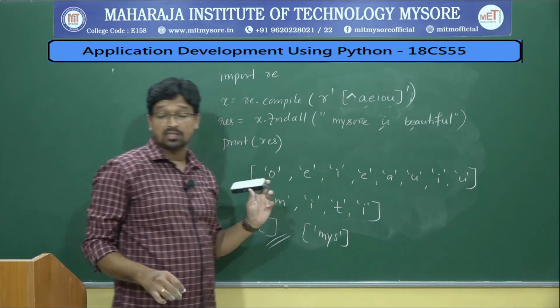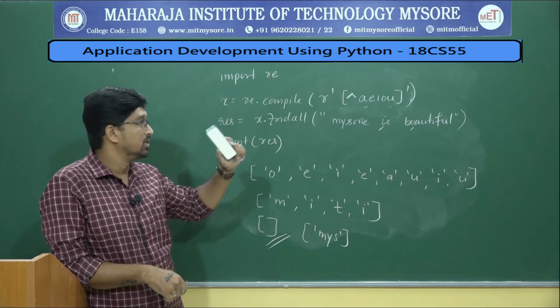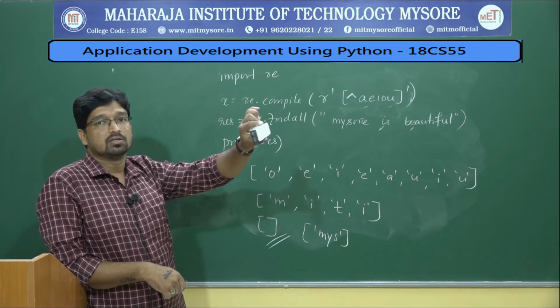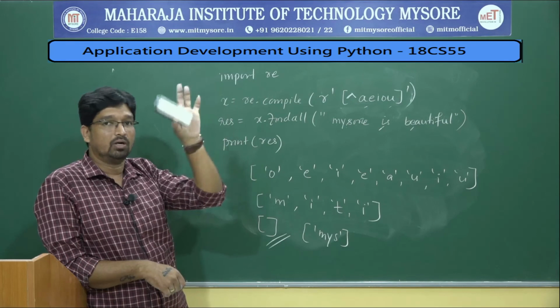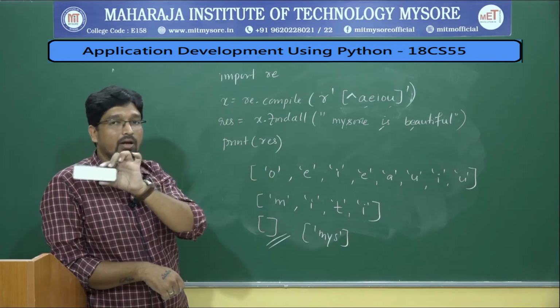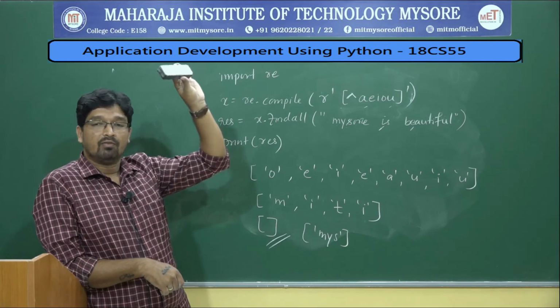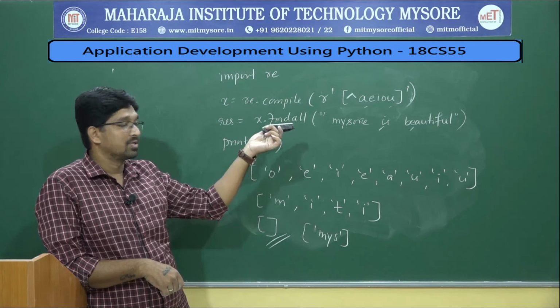As I said in the previous example, what is the use of the caret symbol? The caret symbol is used to match any string starting with a given substring. Let us say hello world, hello good morning, hello MIT Mysore. If you want to match whether the string has hello at the starting, then you should use the caret symbol.